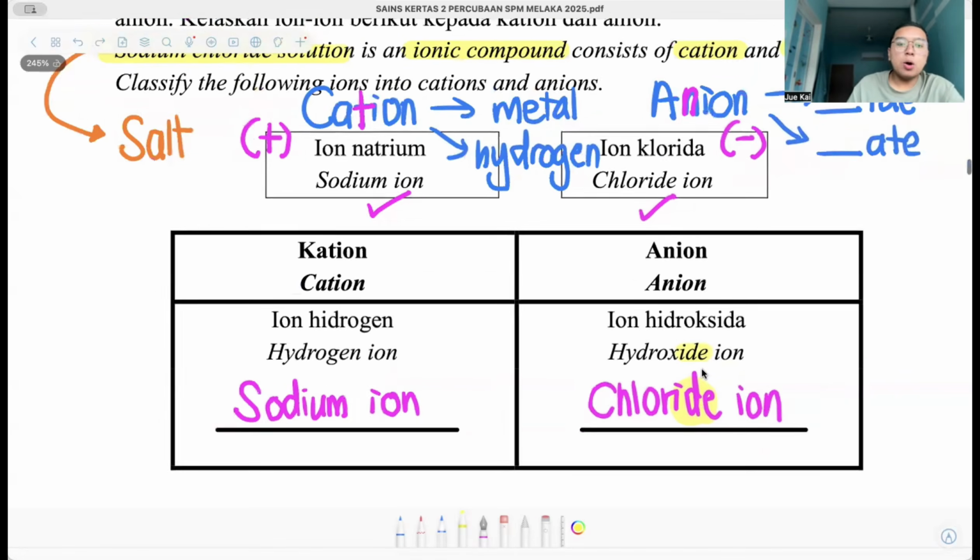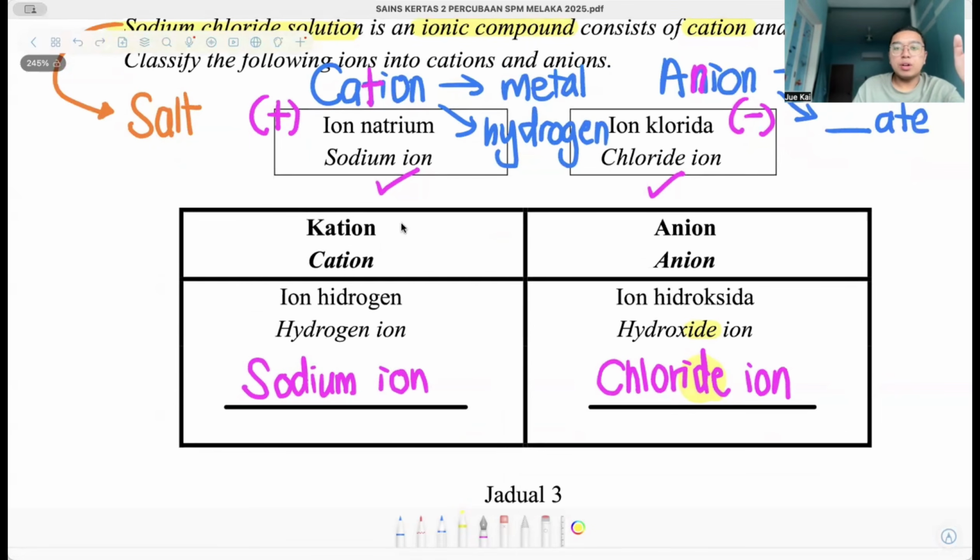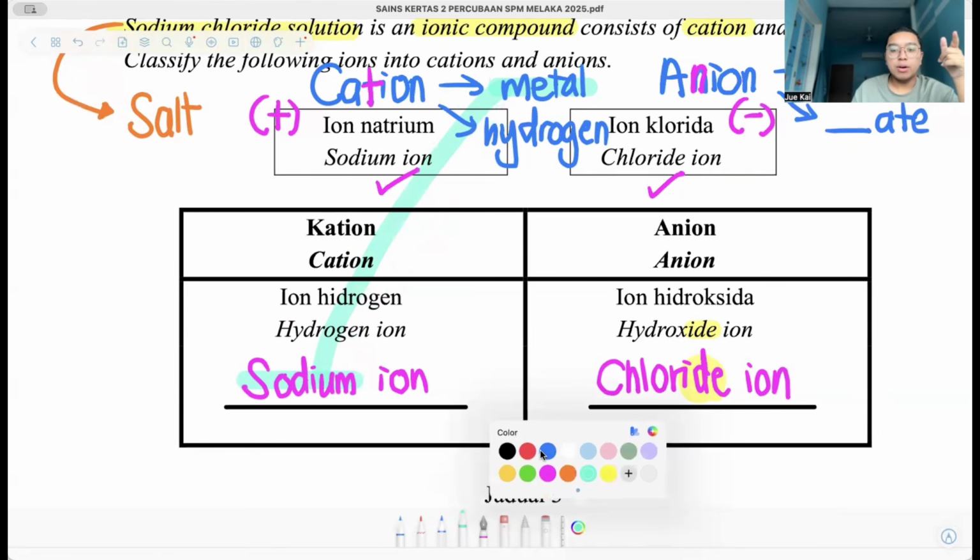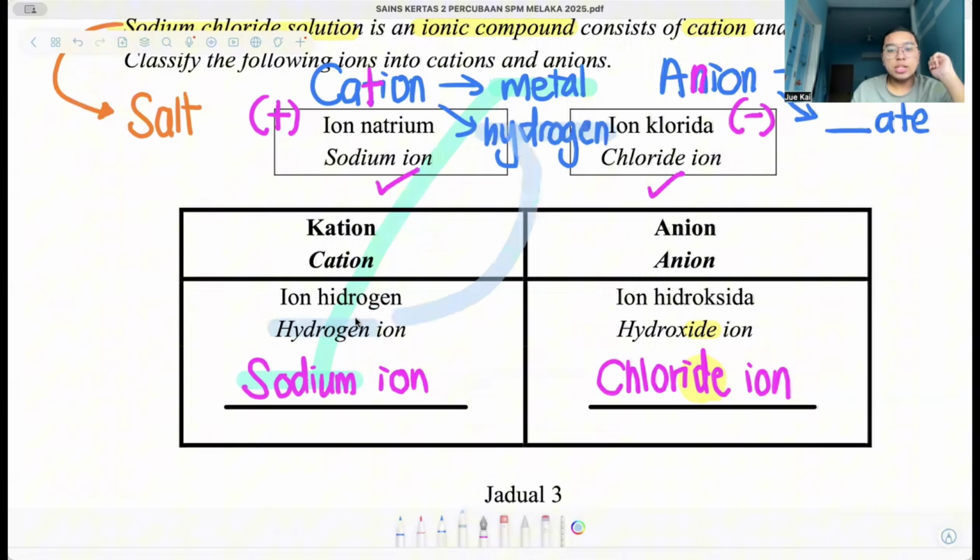Okay. So, a cation is metal, right? It's metal, really obvious. Hydrogen is not a metal, so that's why I write extra hydrogen. Sodium is metal. And then what did I write just now? I wrote hydrogen. Trust me, guys.